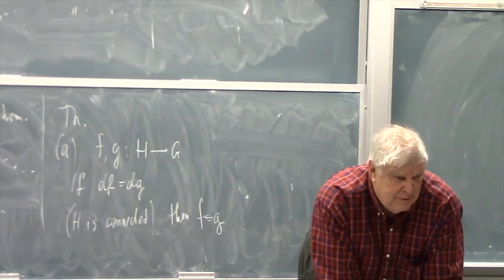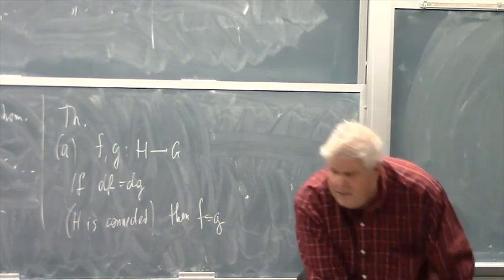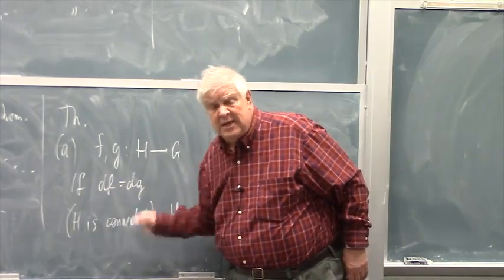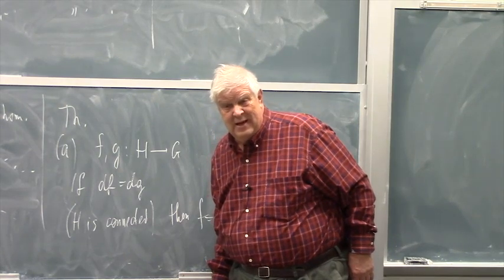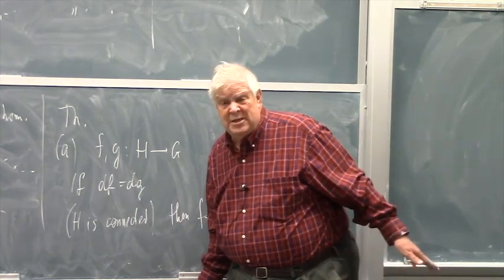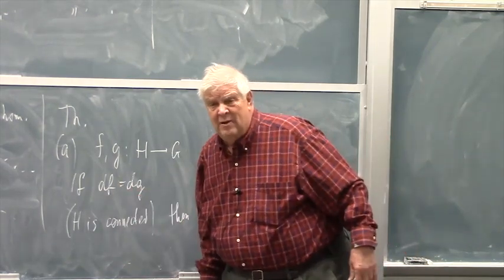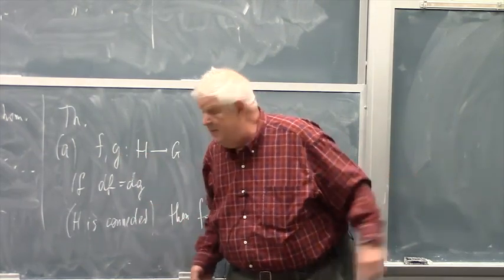Any homomorphism between Lie groups takes one-parameter subgroups into one-parameter subgroups. So if they have two homomorphisms, if the differentials coincide, then they coincide on every one-parameter subgroup, which means a lot. At least in some neighborhood of the identity, everything is covered by one-parameter subgroups.